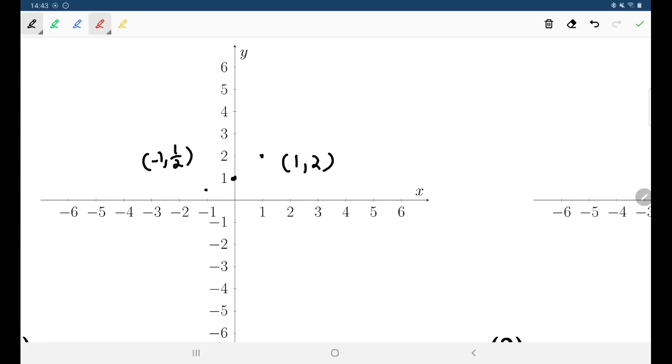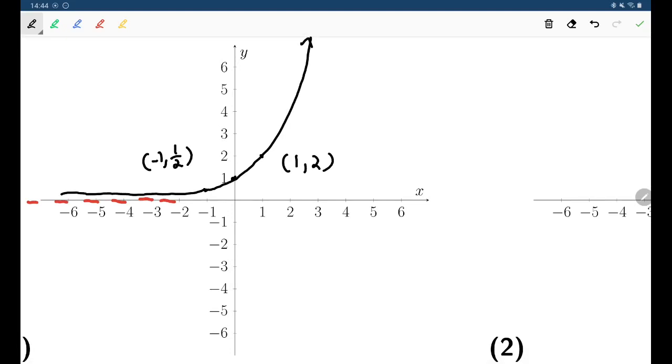I also know that I'm going to have that horizontal asymptote of y equals 0. You can draw it on both sides of the graph if you want, but I only bother drawing it on the side of the graph where the line actually comes into play, which for this graph would be on the left side. I can see from my 3 points here that my graph should be curving upwards. This is exponential growth happening here, and then trailing off to the horizontal asymptote.